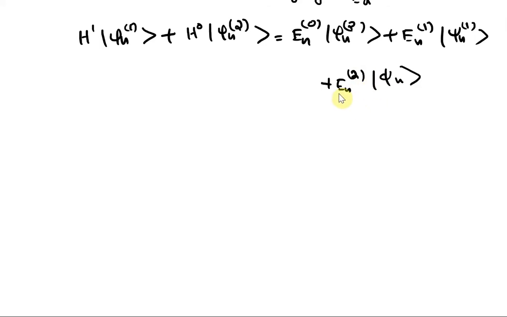So what we have to do is multiply the entire equation with phi, not with phi m, phi n.